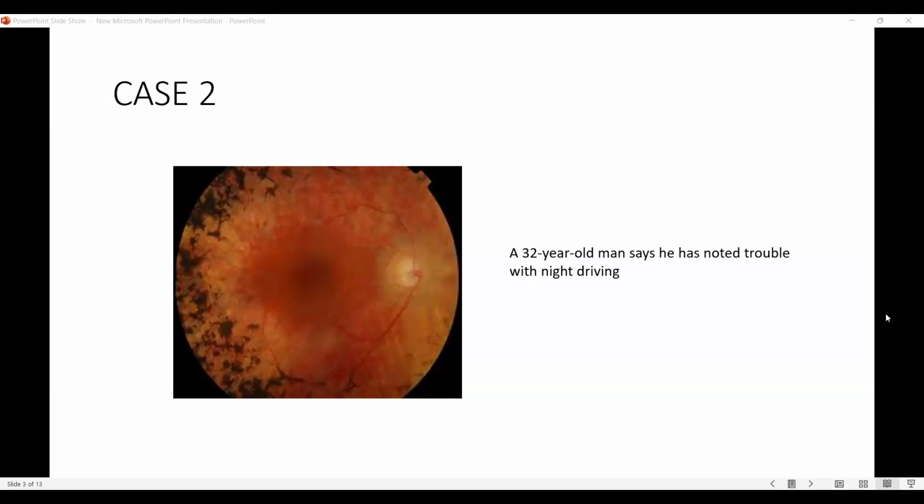What are the systemic associations, or any syndrome associated with this? There are quite a few syndromes associated with retinitis pigmentosa.